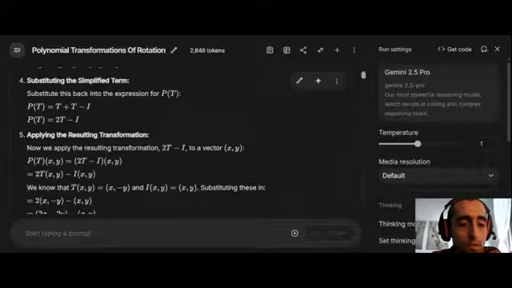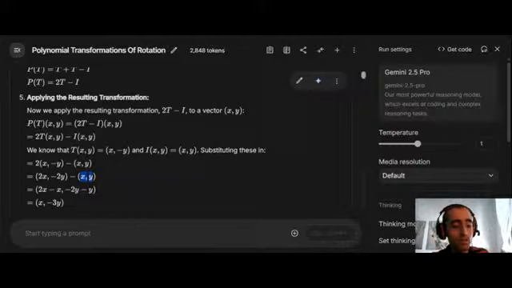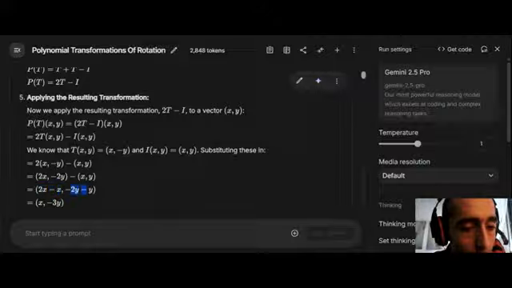Now multiply this by 2, you will get minus 2y and 2x, which is this one. Now substitute x, y from this, and you will get 2x minus x for the x part and minus 2y minus y for the y part.